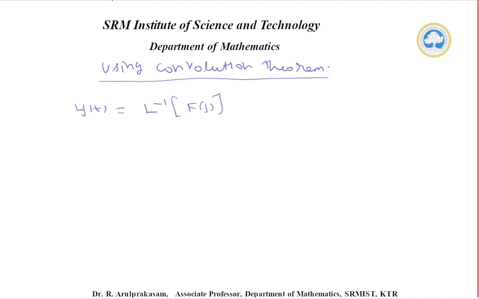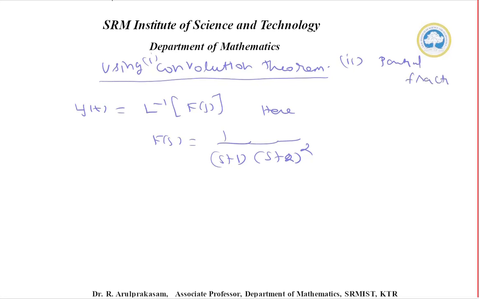Here my f of s is nothing but 1 divided by (s plus 1) into (s plus 2) whole square. We can solve this by any one method; I am using the convolution theorem method. Otherwise we can go for the partial fraction method, which we can also try.